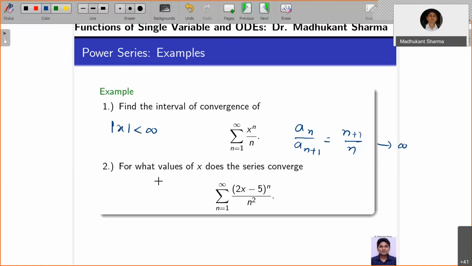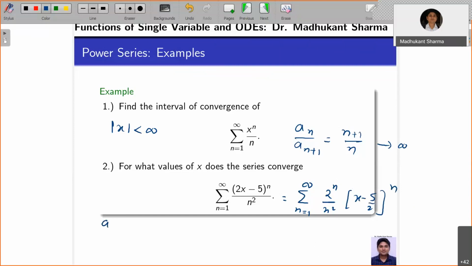Okay, now for this case, you have to write it in terms of x minus a. So I can write it as summation n equals 1 to infinity, 2 to the power n by n square times (x minus 5 by 2) to the power n. Now you work out this 2 to the power n by n square.